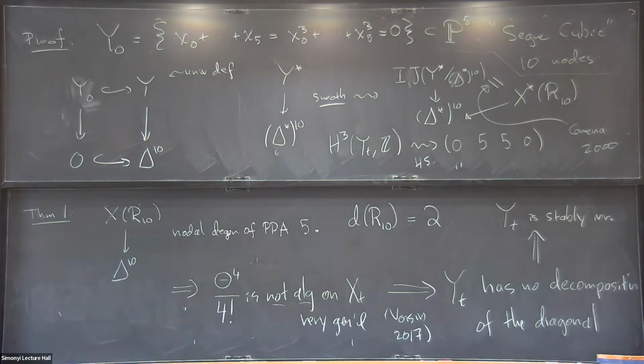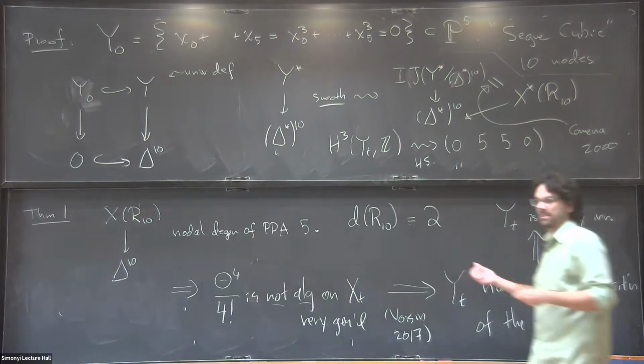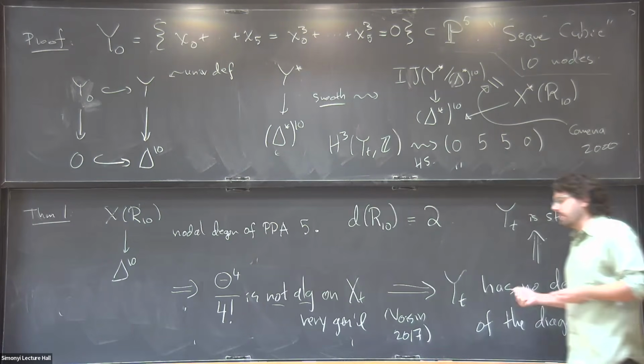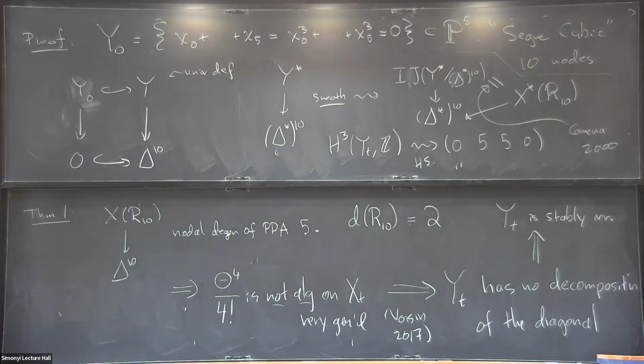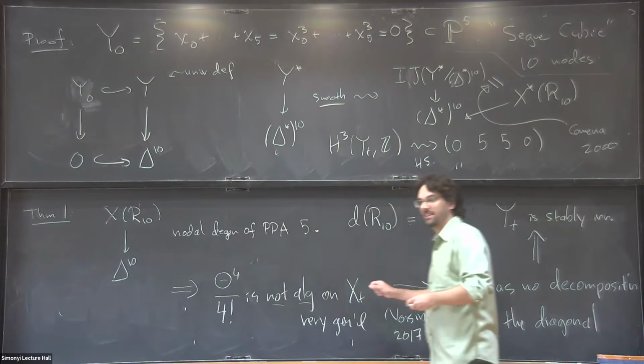So maybe this is worth comparing to the Clemens-Griffiths method, which proved the irrationality of cubic threefolds. The irrationality of cubic threefolds is due to the fact that the intermediate Jacobian is not a Jacobian. Not being a Jacobian, by Matsusaka's criterion, is the same as saying that the minimal class is not an effective algebraic cycle.